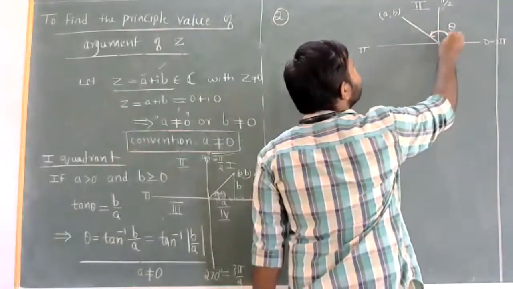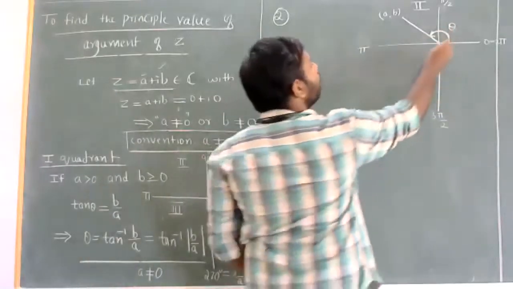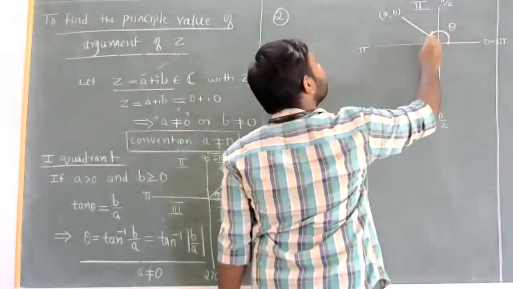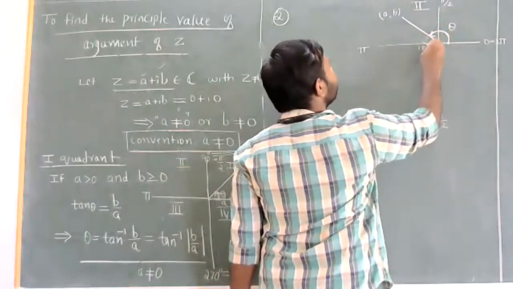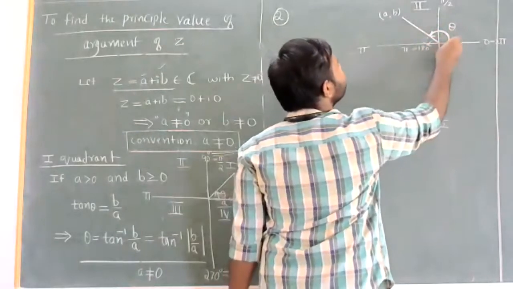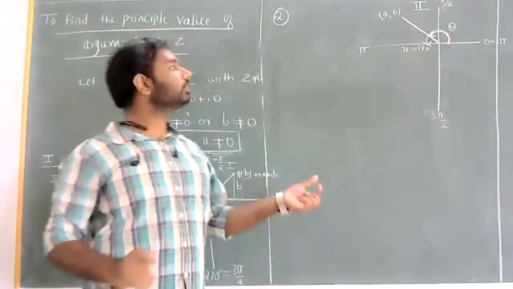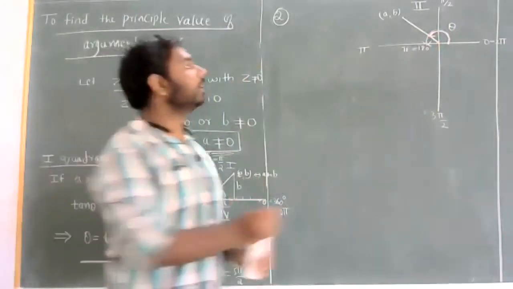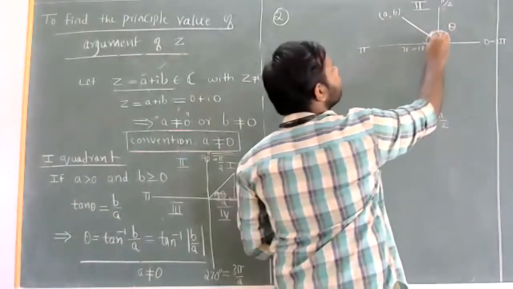See here. Actually I need this angle. So what is the total measure of this angle? It is 180 degree, or pi. From this point to this point, a semicircle, so the total measure of the angle is pi, right? In that angle, I need just this one.